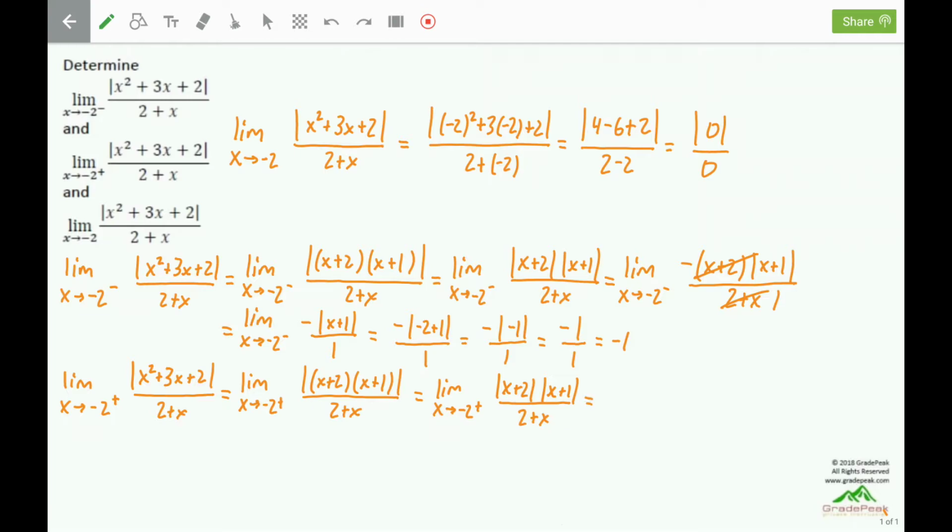And now we can analyze the right-sided limit of negative 2 in this absolute value here. The right side of negative 2 on the number line means less negative than negative 2, like negative 1.99. If we take a number less negative than negative 2 and add 2 to it in the absolute value, like negative 1.99 plus 2, we end up with a positive number inside the absolute value. The absolute value ensures it stays positive by not changing it.